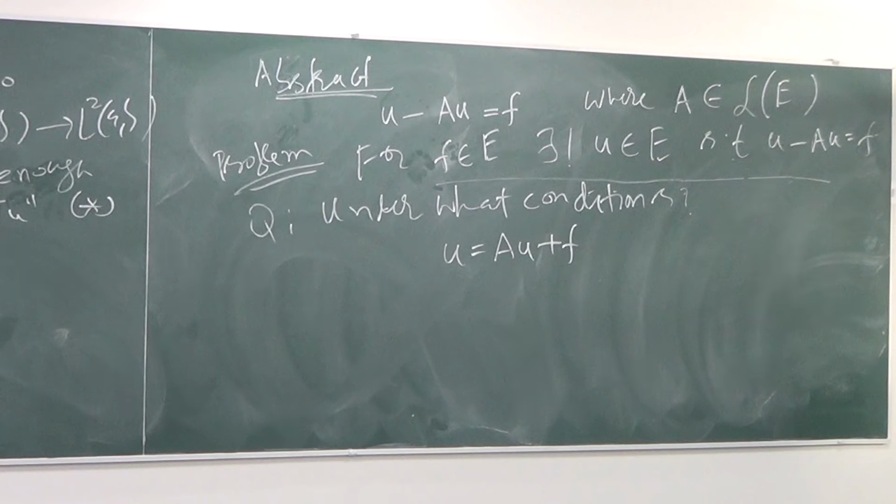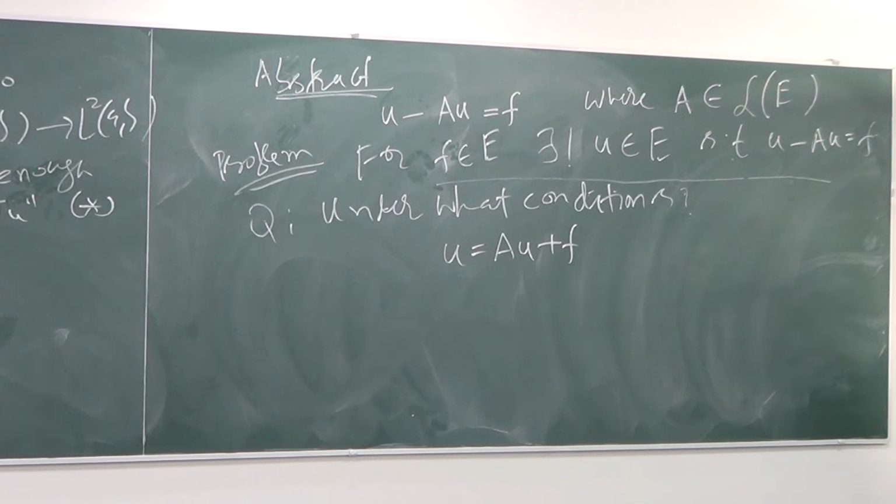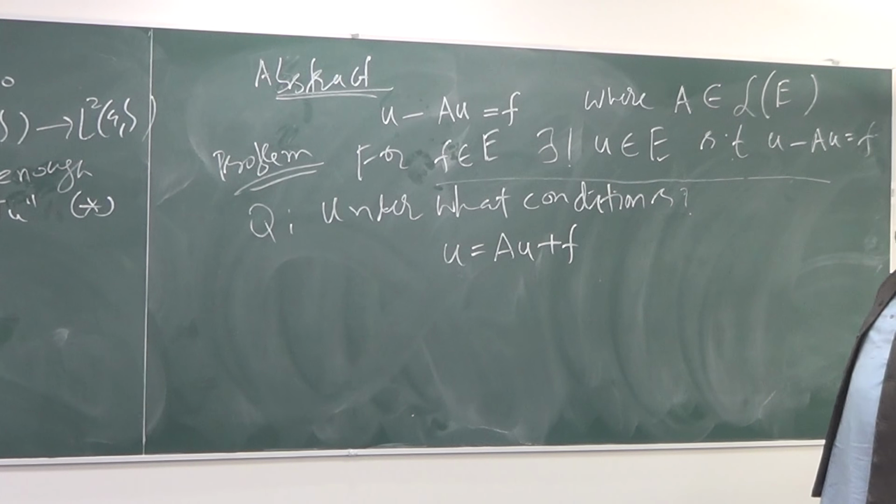And the argument that I would like to use is the so-called Banach fixed point theorem. If you remember the proof of the fixed point theorem, there we defined an iterative process.